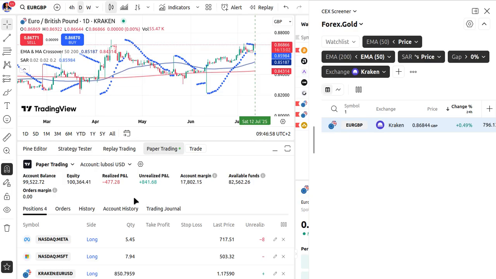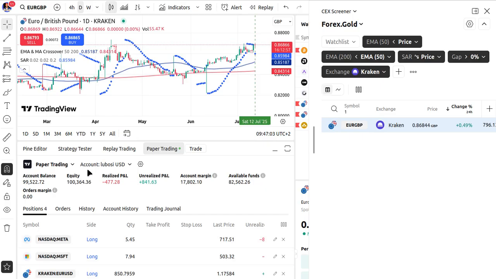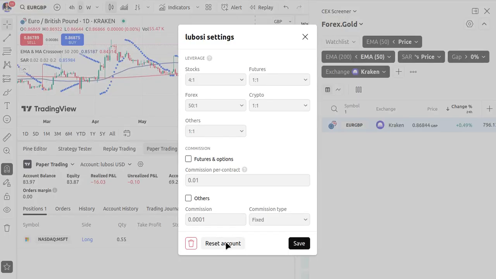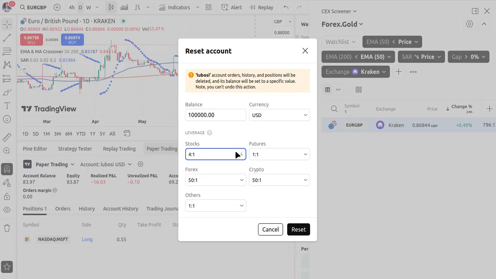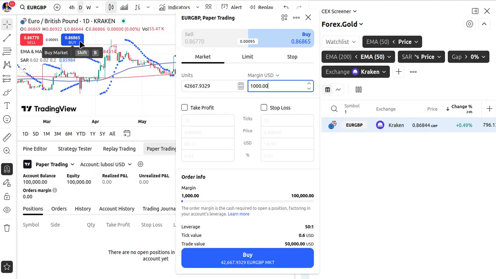That's crazy. I'm going to have to destroy one account. Let's destroy this one. Do we have 50x here? We say 50x crypto. Let's reset that account. So we're going to trade it at 50x.